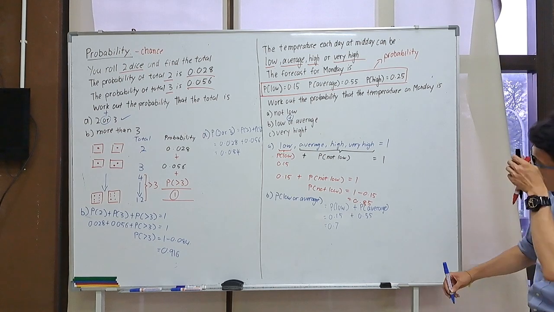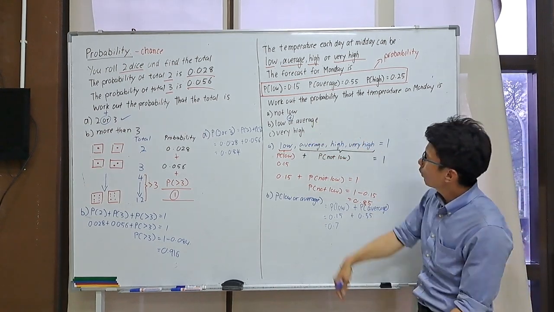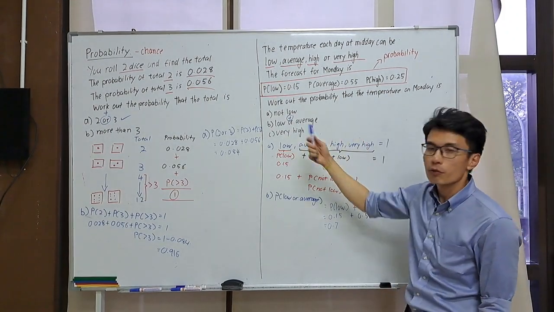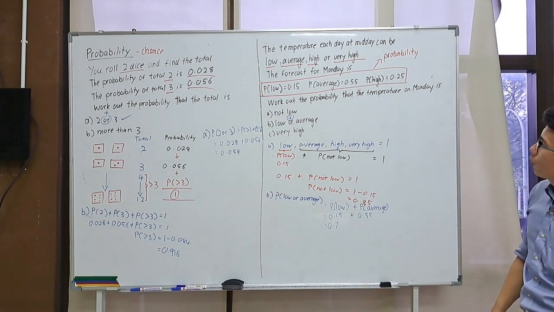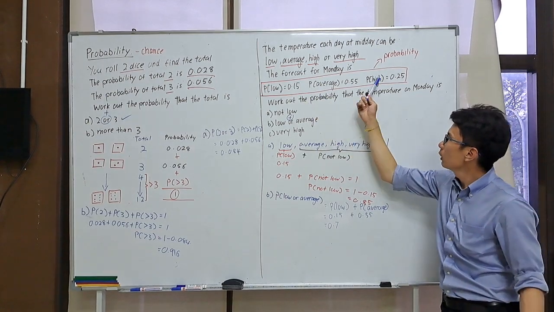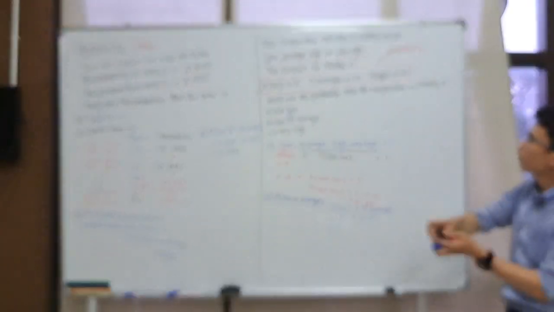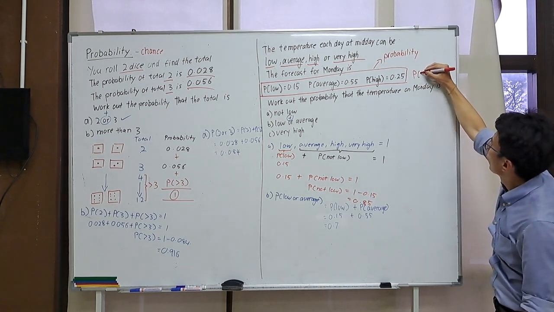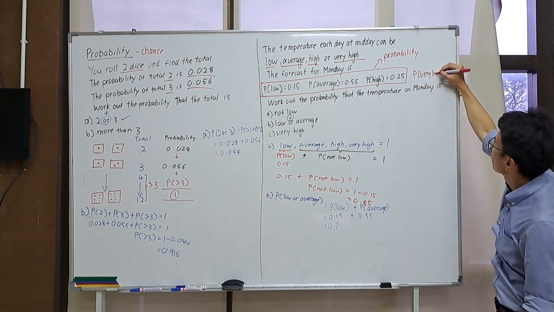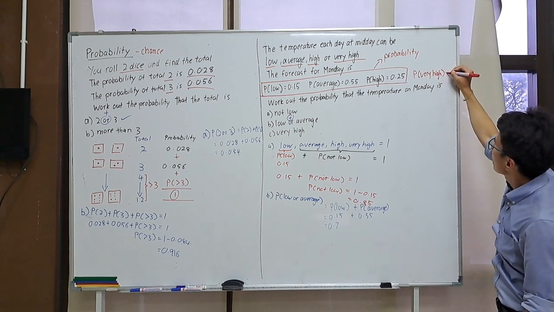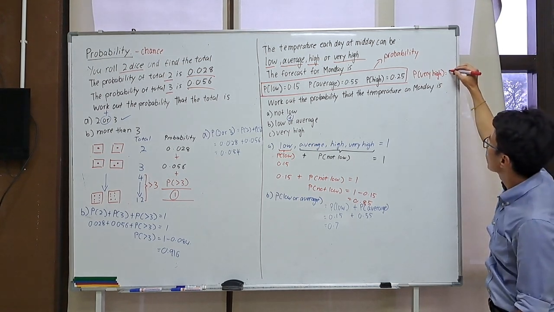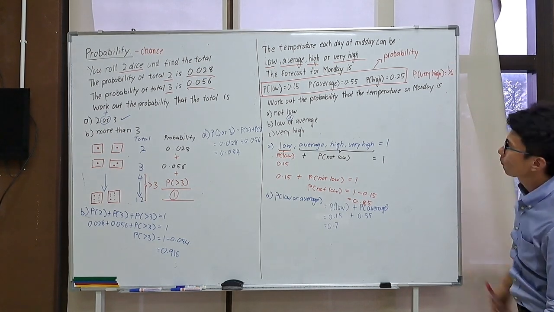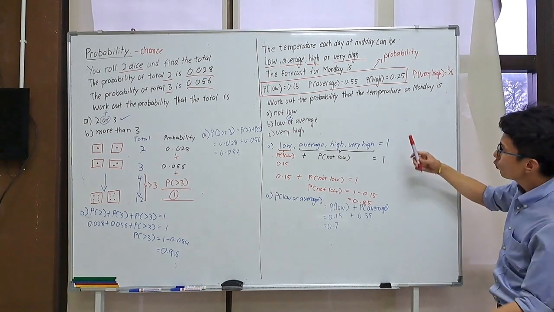And then the last one, C. What is the probability that the temperature is very high? If you notice in this box, they did not give you very high, so we know that's an unknown. The probability of very high is unknown, so I'm going to put an x value here. But how do we do question C?